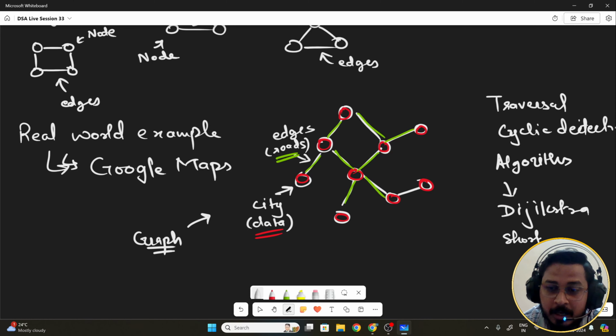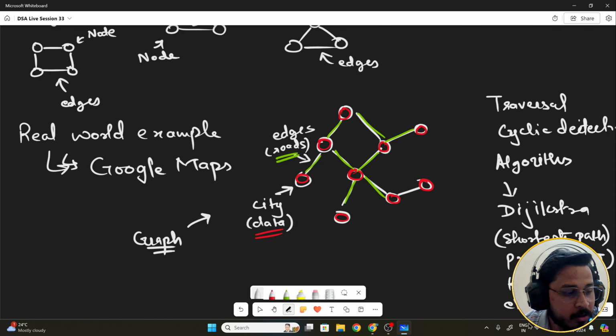For shortest path, you have many different types of algorithms like Prim's, which finds the minimum spanning tree. Dijkstra's is also one of the shortest path algorithms. Then we have Kruskal's, then we have Bellman-Ford and so on. There are a lot of types of algorithms that you can study on graphs.